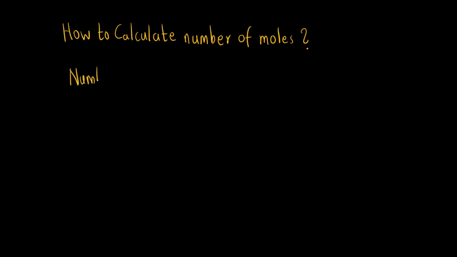So the formula to calculate the number of moles, which is denoted by small n, is this. Let's say some mass of a sample is given and we have to find out the number of moles present in that sample.